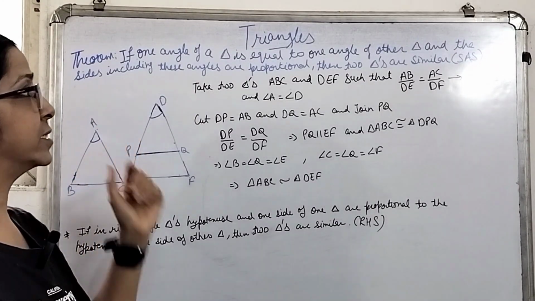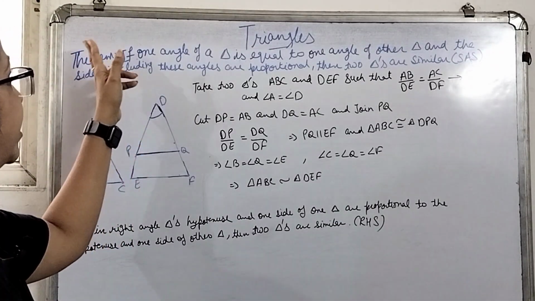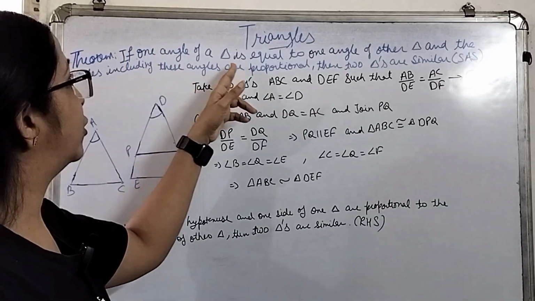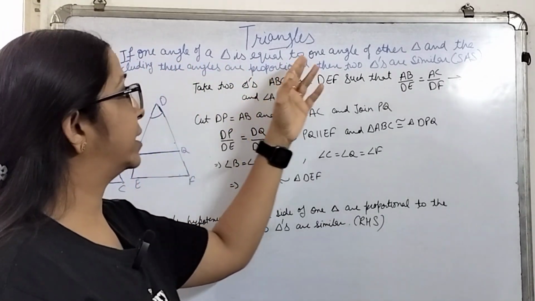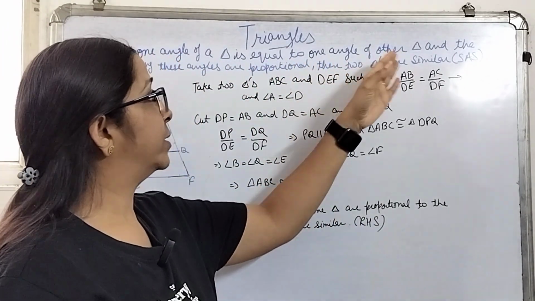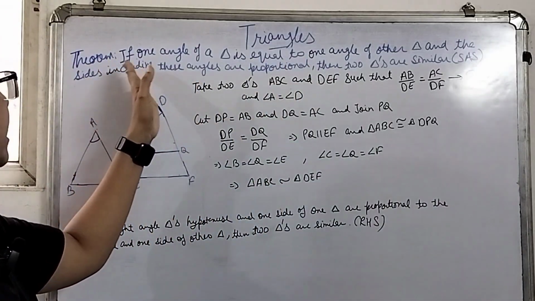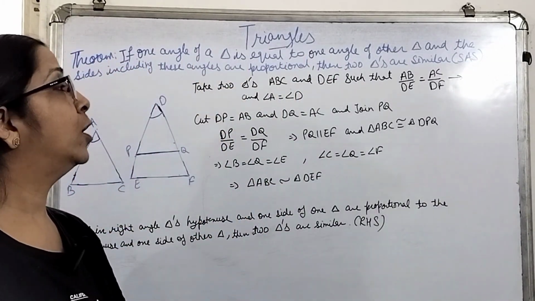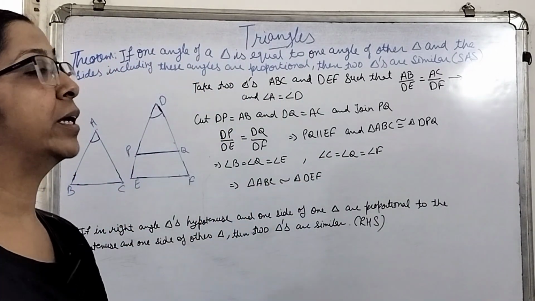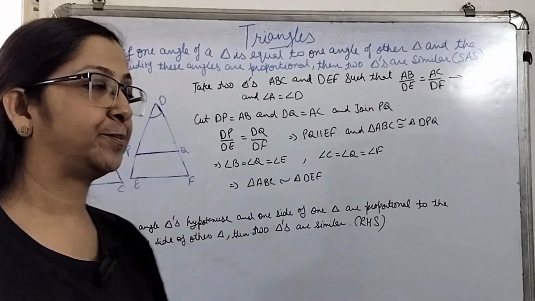By this criteria we can say that if there are two triangles, and one angle of a triangle is equal to one angle of the other triangle and the sides including these angles are proportional, then the two triangles are said to be similar.